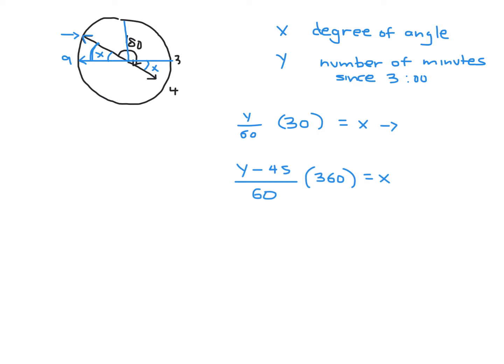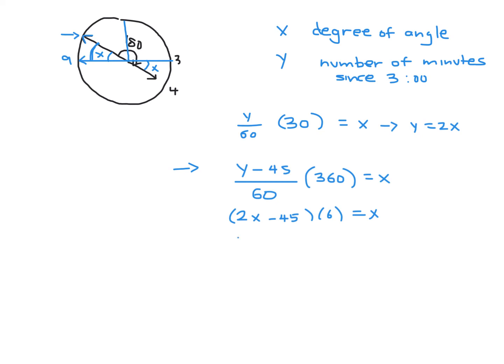From the first equation, we get that y is equal to 2x. Substitute that into the second and you get (2x minus 45) times 6 equals x, if I haven't made any mistakes.